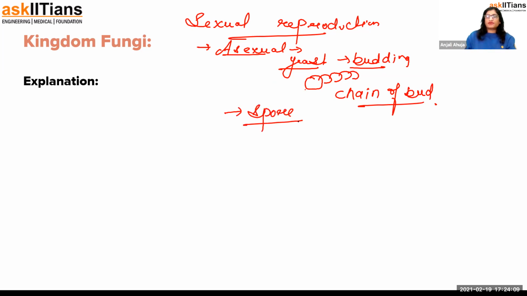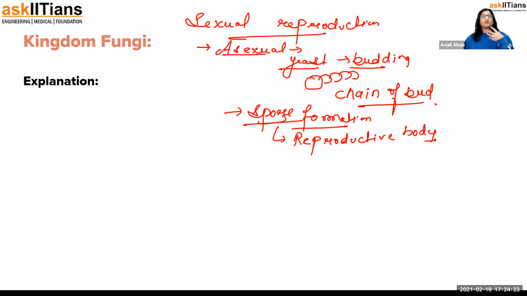Asexual reproduction happens by spore formation also. Spore formation means they release spores. A spore is a reproductive cell, a reproductive body. Like a normal fungus, a bread mold, a spoiled bread or spoiled pickle we see, but under the microscope it appears like a thread-like structure.